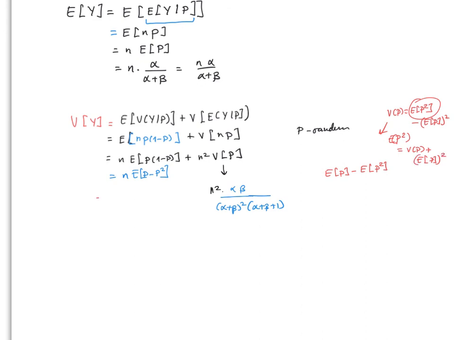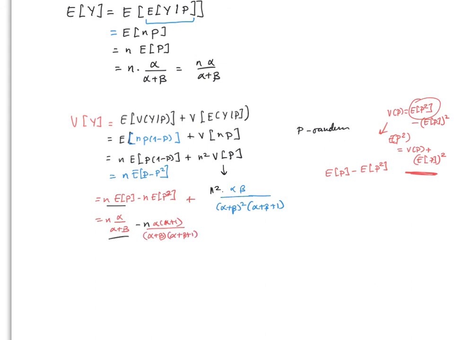So therefore, from here, you're going to get n times the expected value of p minus n times the expected value of p squared plus all of this. So this is n alpha over alpha plus beta. So this will give you this. And then minus n. So once you combine this, you will see that this will give you n alpha times alpha plus 1 divided by alpha plus beta times alpha plus beta plus 1.